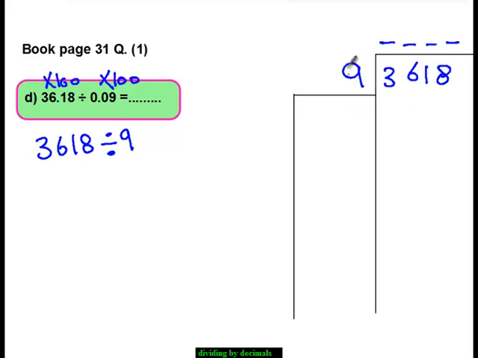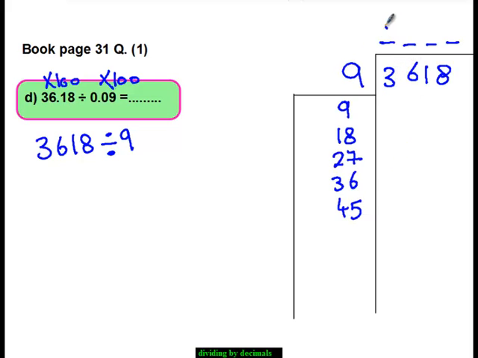Okay, and here table 9. 9, 9 by 2 is 18, by 3 27, by 4 36, by 5 45.